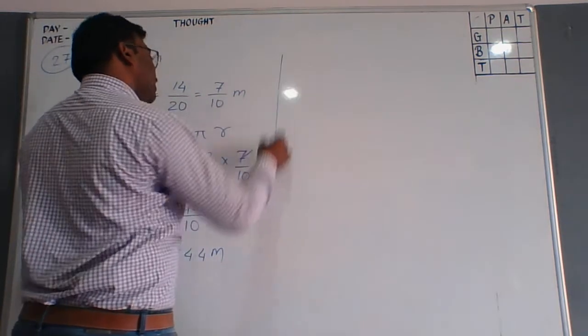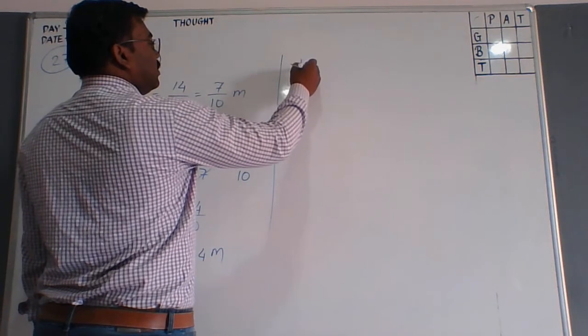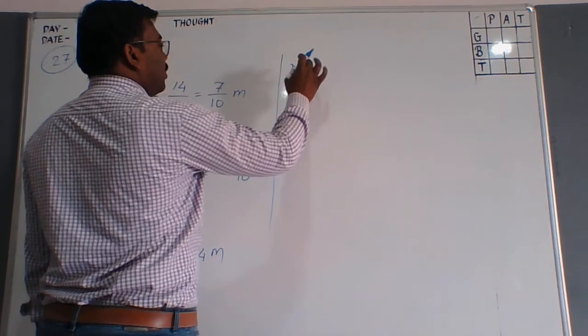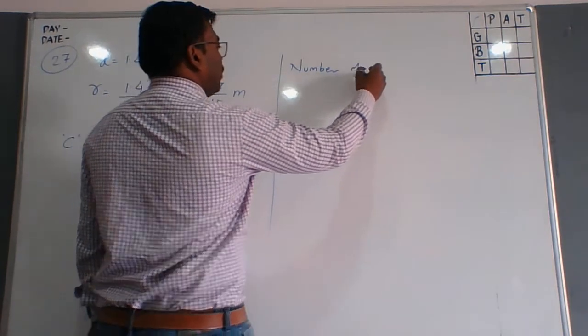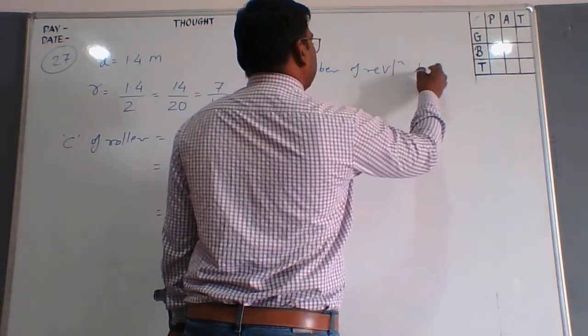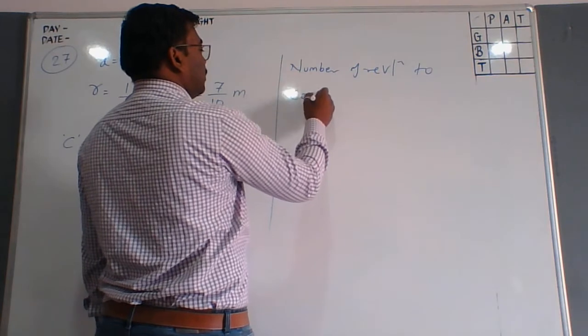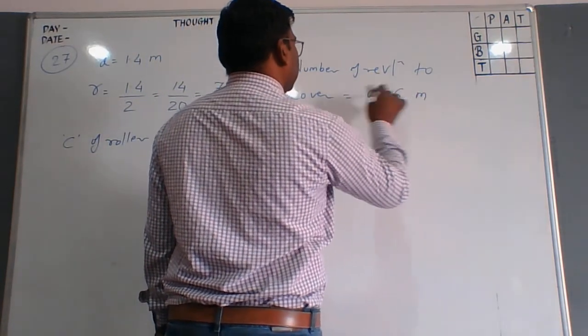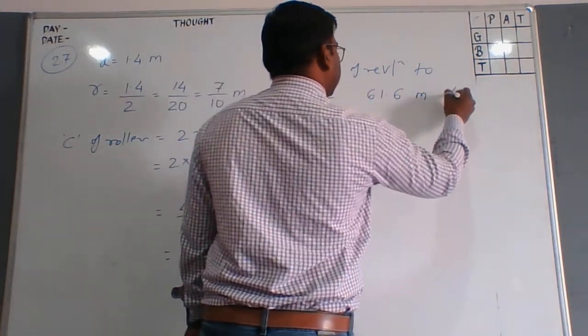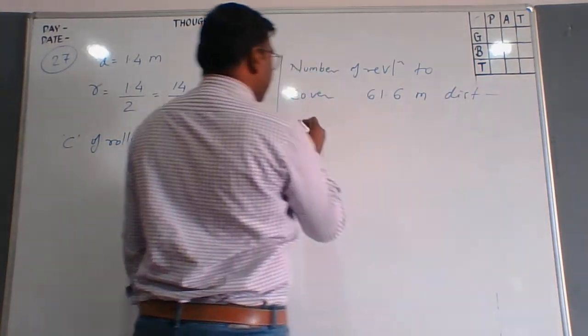Now let us find out the number of revolutions to cover 61.6 meter distance. Okay.